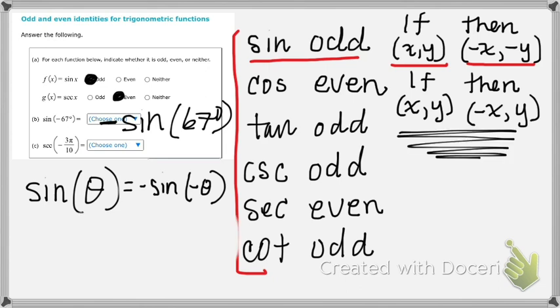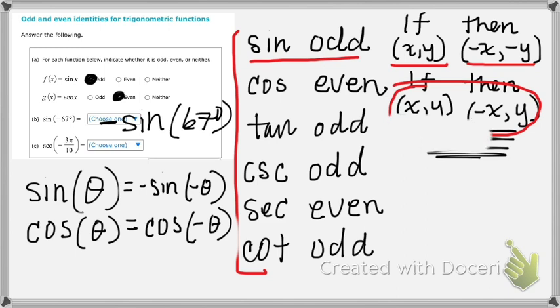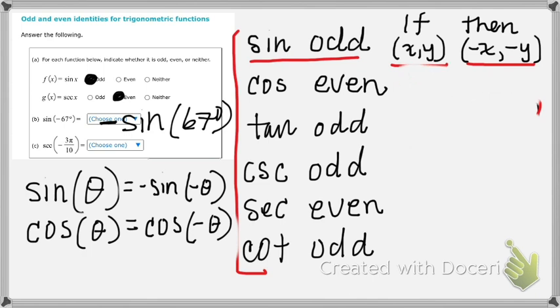Now let's take cosine theta, which is an even function, and based upon what we're saying about even functions over here, that for every x, y, we also have negative x, y. The statement that we can make about cosine is that every cosine theta is going to be equal to the cosine of negative theta. And then I could make a comparable statement for every one of the trigonometric functions based upon whether it's odd or even.